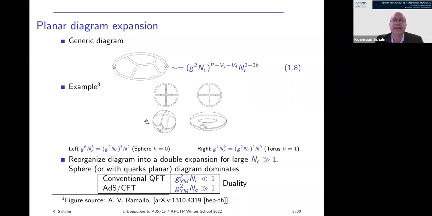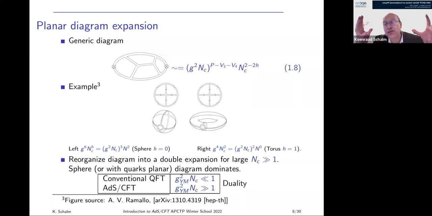And in particular, if the number of holes is large, then there's a 1 over Nc term here. So if Nc is very, very large, then the sphere, or if you add quarks in the diagram, the so-called planar diagram dominates. And this is therefore called the planar diagram expansion. Although strictly speaking, for a planar diagram, you need quarks.